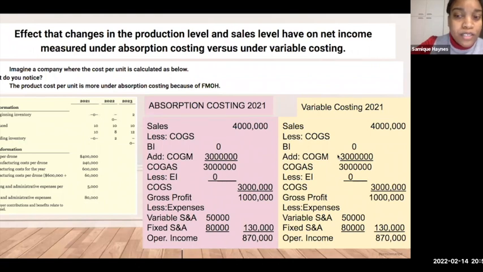Is our cost of goods manufactured supposed to be the same under the variable costing approach? Yes, I know we produce the same 10, but is it supposed to be the same cost? What's wrong here?